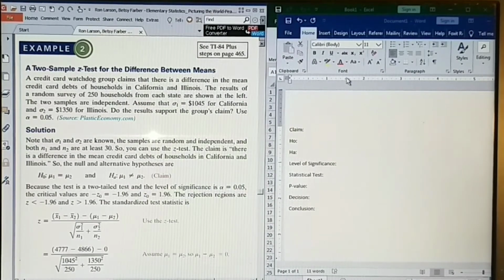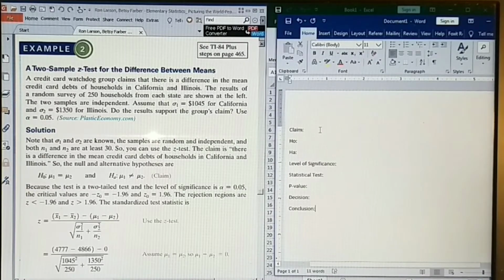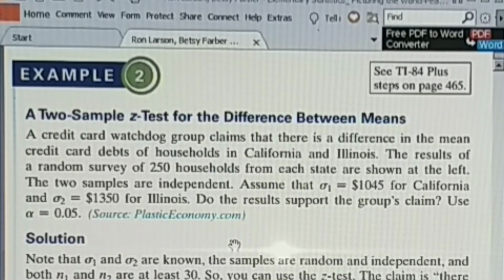Okay, so let us do now the analysis. Let us first find the claim in the problem. Based on the problem, the claim was there is a difference in the mean credit card debts of households in California and Illinois. So let us write it here.